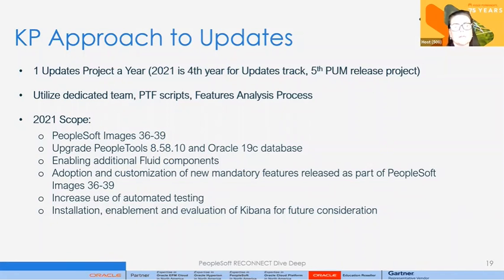All right. So here's a little summary. One PUM update project a year. We just finished our 4th year and 5th PUM release project. We utilized a dedicated team to implement that. We also use PTF scripts.